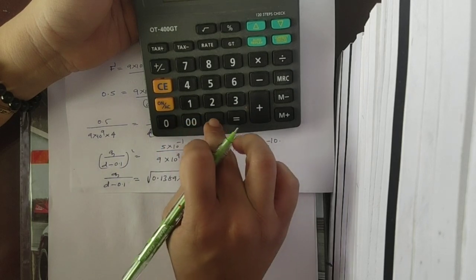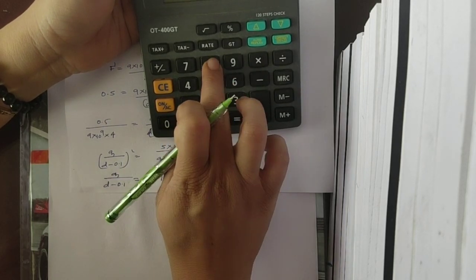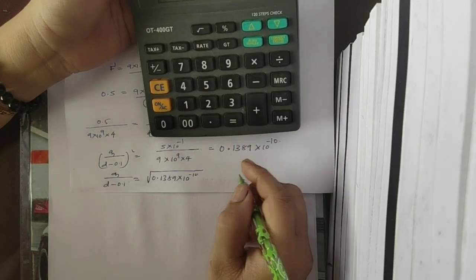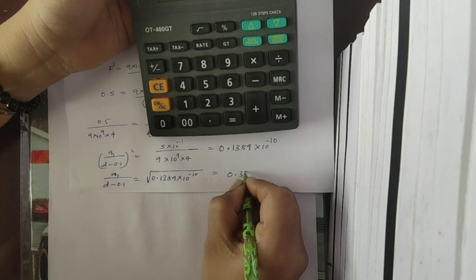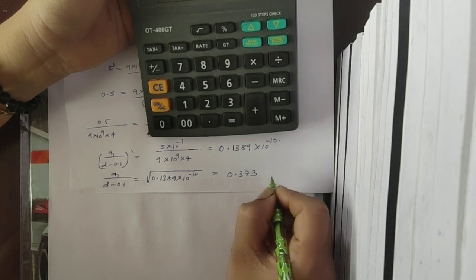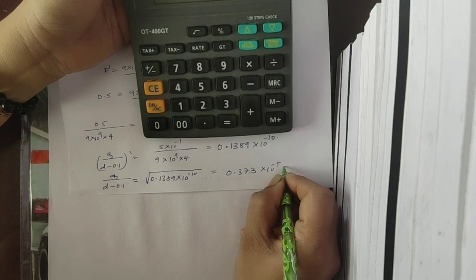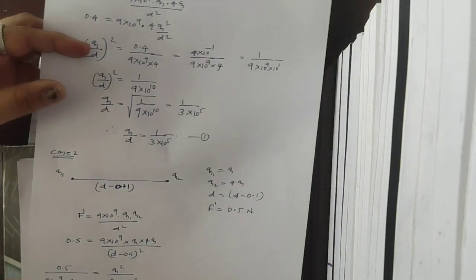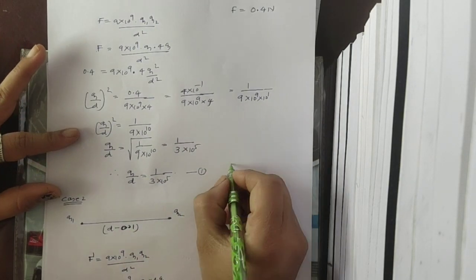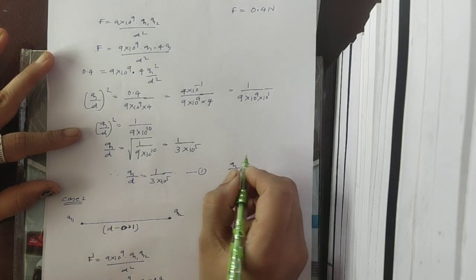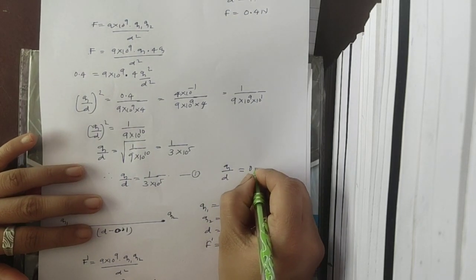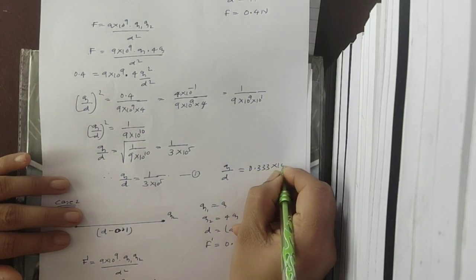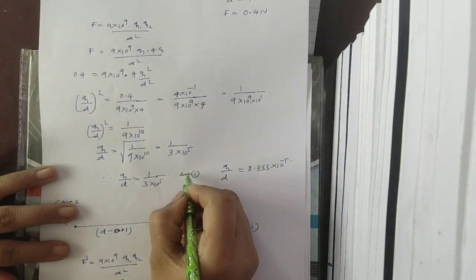So we take the square root of 0.1389, which is 0.373 into 10 to the power minus 5. Here, equation 1 we will change a little: Q divided by D equals 1 by 3, which is 0.333 into 10 to the power minus 5. This we will call equation 1.